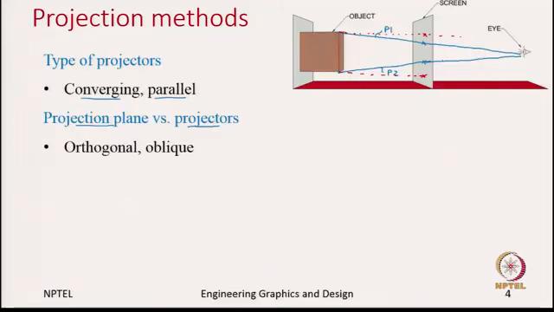In these blue lines, what angles do they make? Do they make 90 degrees to the projection plane? As you can imagine, they do not make 90-degree intersections; instead they make other than 90-degree intersections, which we call oblique projections.